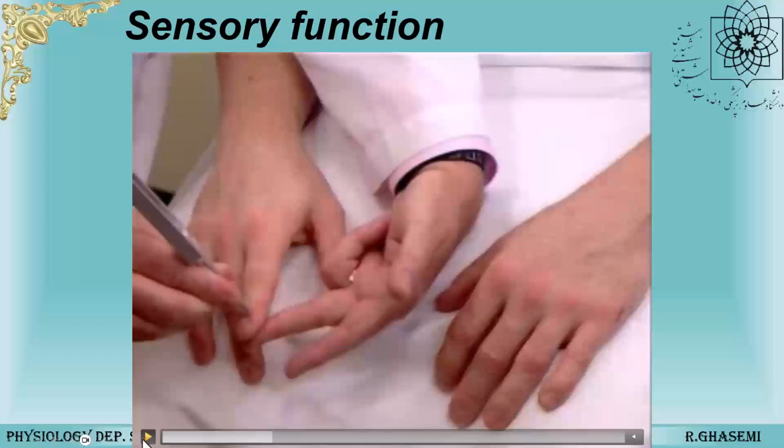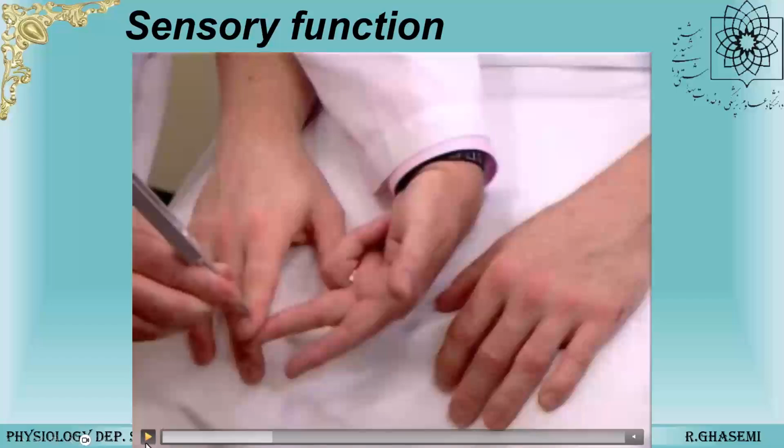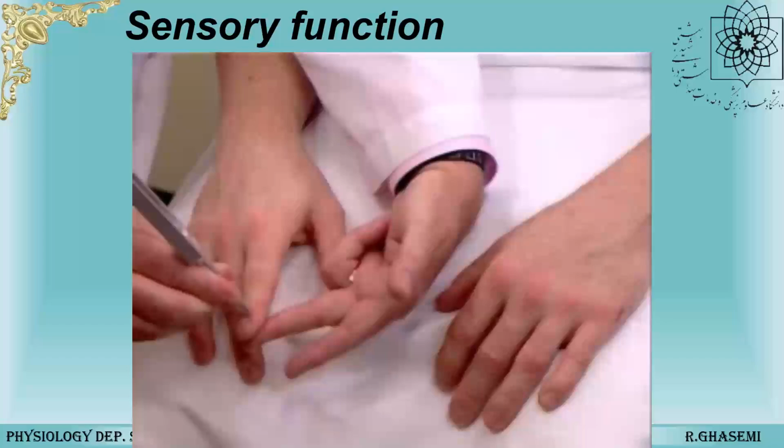There are several other maneuvers, but they are the same. We just want to evaluate if the sensation is the same on the two sides. Those who have a problem in the sensory function show some irregularity in one part of the body.